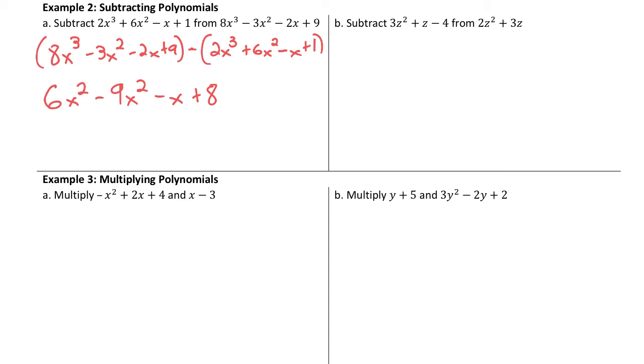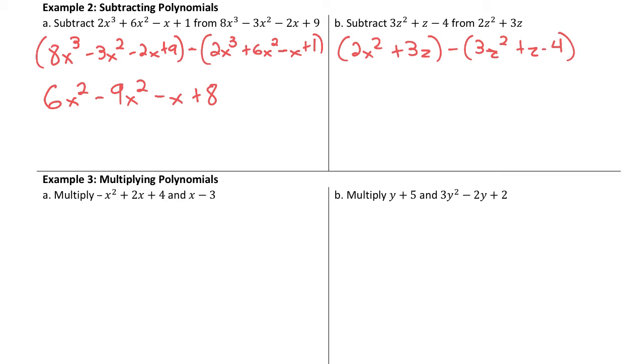I'm going to show you a different method for the next example. So again, subtract this from this. So I write the 2z squared plus 3z minus 3z squared plus z minus 4. This is a different method. This might help. I know you guys can do plus and negative.